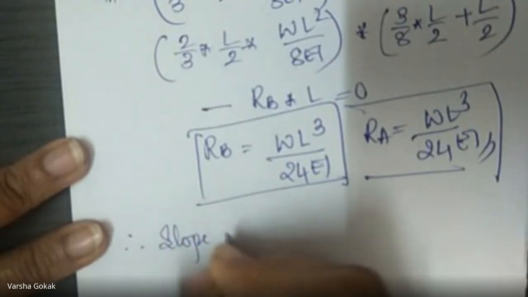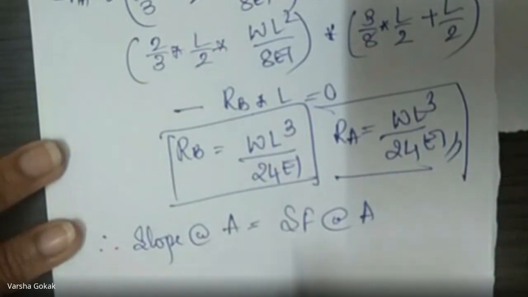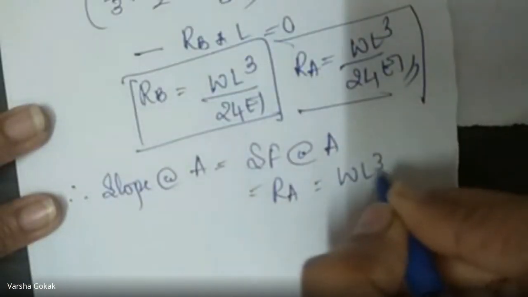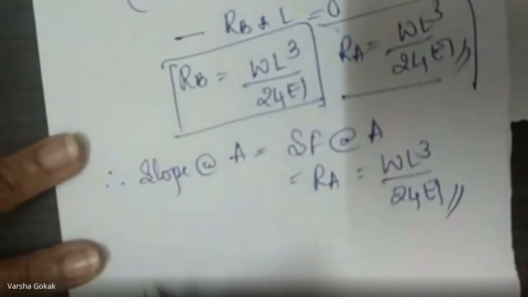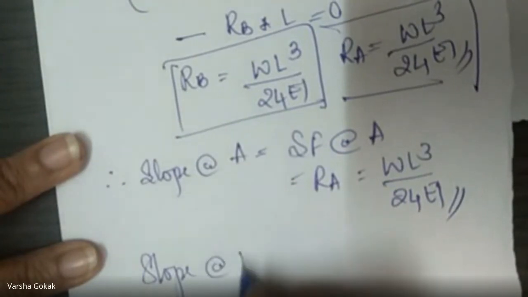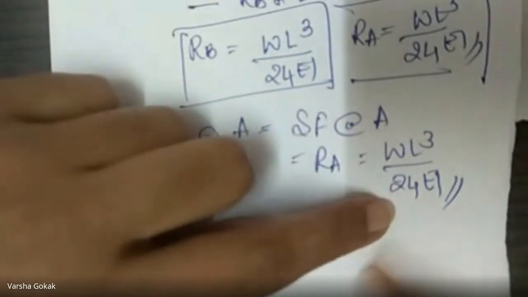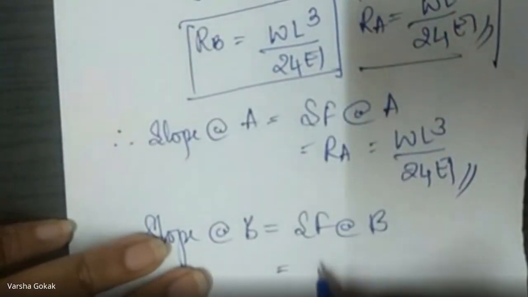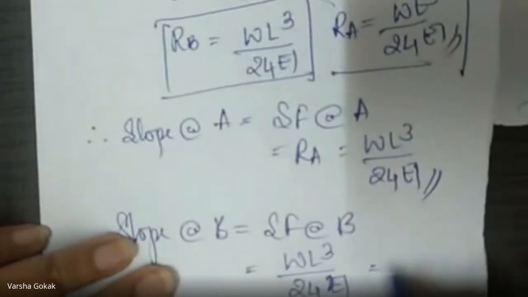So slope at A is nothing but shear force at A. Shear force at A means it is RA, which is nothing but WL cube by 24 EI. Right? Slope at B equal to shear force at B. Now these cases are looking simple because symmetrical. So RA and RB are same. So shear force at B is WL cube by 24 EI again, because this is nothing but your RB. So this is RA and RB.